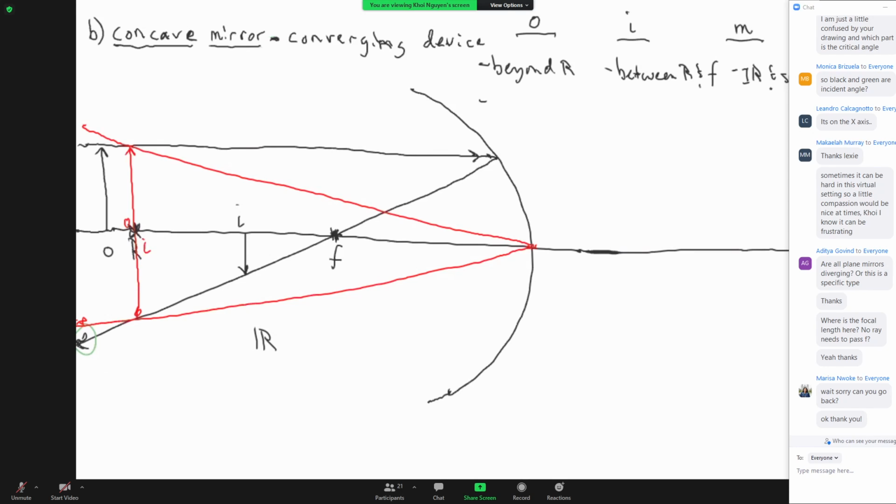So at R, we're going to form an image at R. It's going to be inverted, real, and the same size.